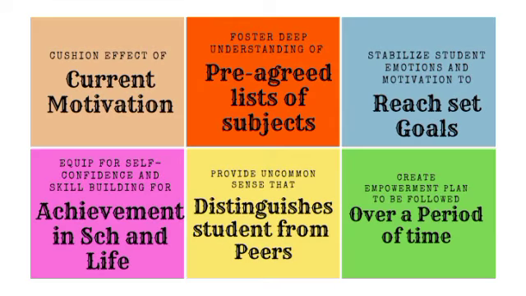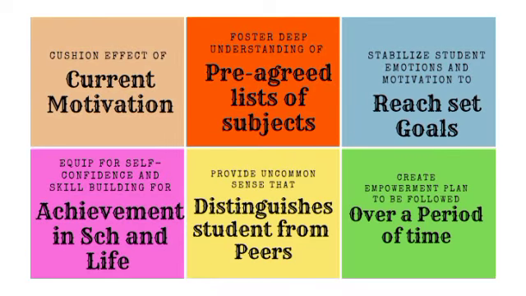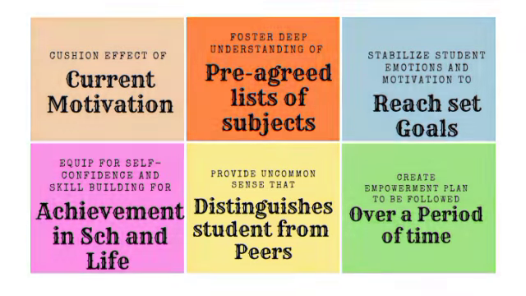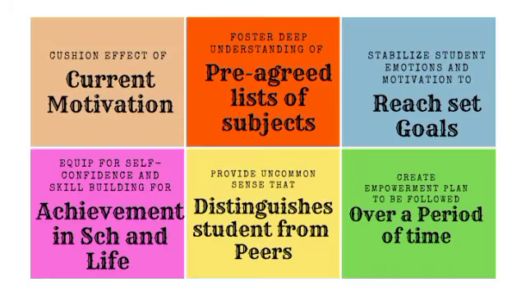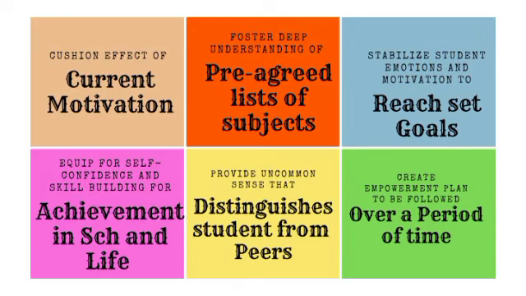Thirdly, to stabilize students' emotions and motivations to reach certain goals such as passing an exam. Fourthly, to equip students to be self-confident and build skills for achieving in school and in life. The fifth requirement is to provide uncommon sense that distinguishes the students from other students.